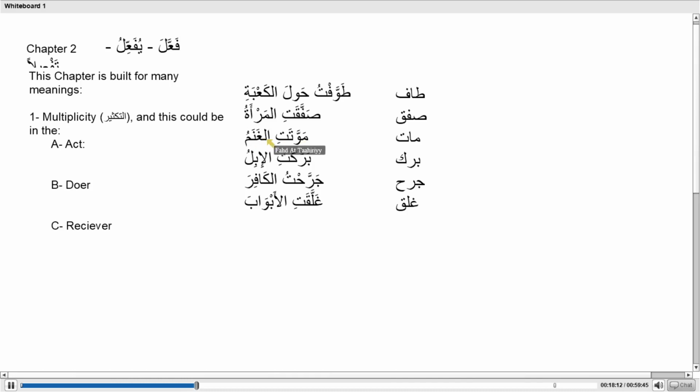So here you want to show multiplicity where? In the act of death or in the doer? In the doer. Clear? Where is the confusion?